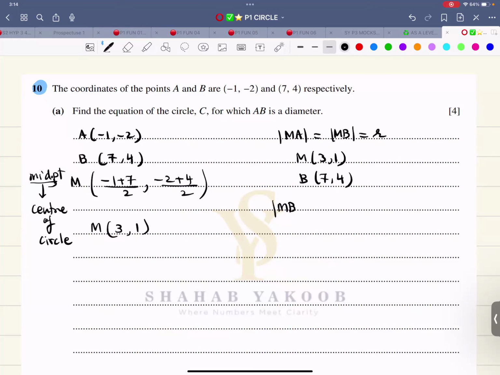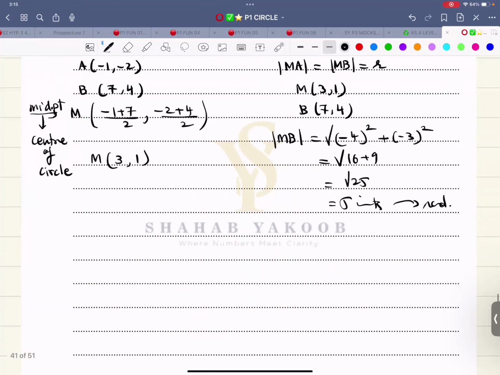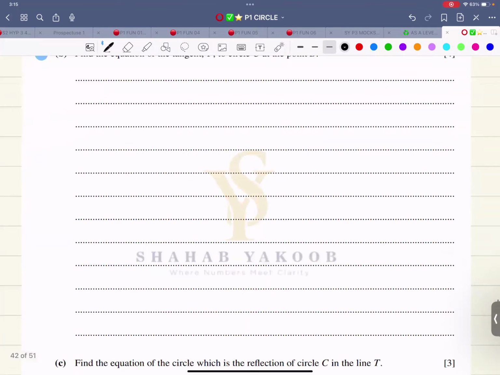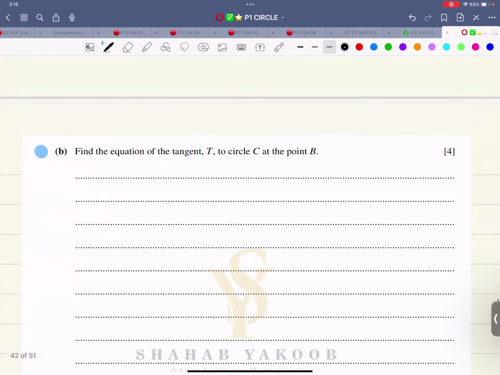Therefore, magnitude MB: 3 minus 7 is -4 whole square, 1 minus 4 is -3 whole square. 16 plus 9, that is 25. Square root of 25 is 5 units. That is the radius. And then the equation (x minus 3) whole square plus (y minus 1) whole square is equal to 5 square. You can leave the answer as it is. Now it further says, find the equation of tangent to the circle at point B.